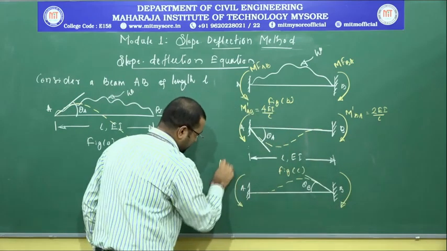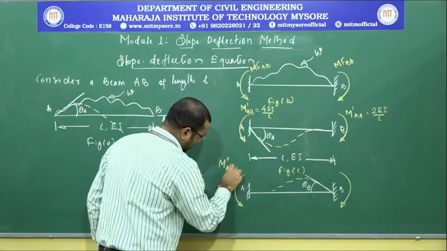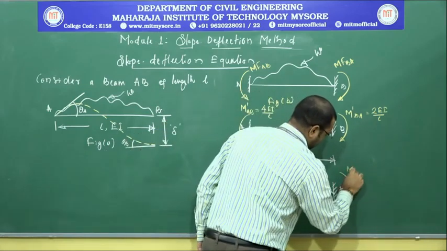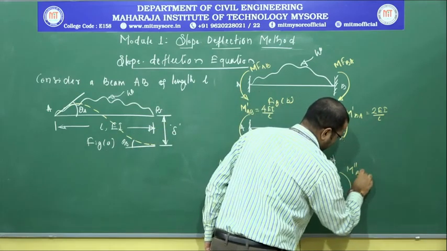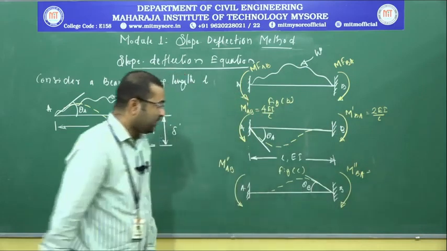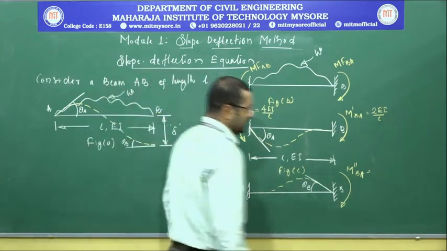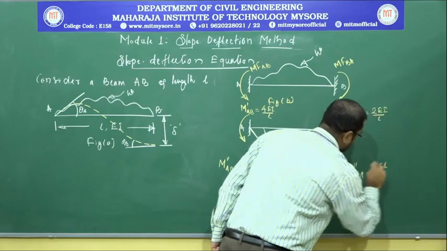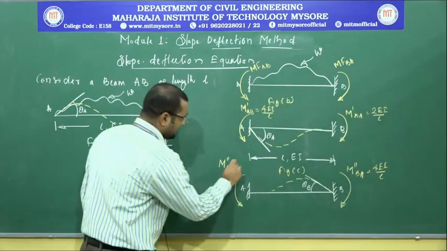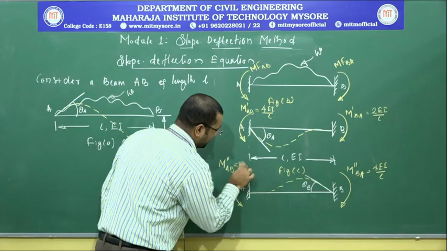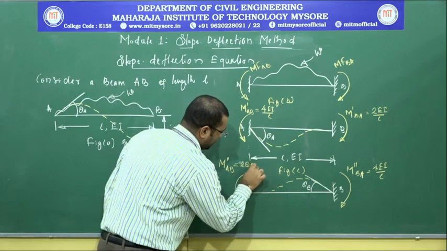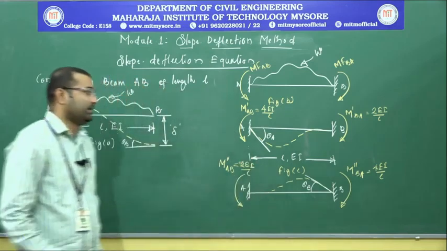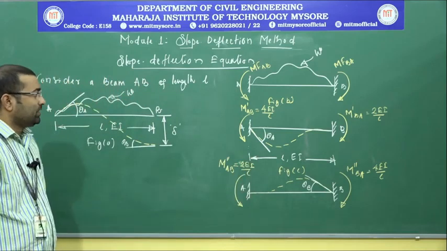Let me call this as M double dash AB and this as M double dash BA. And we know that the bending moment due to the rotation at the same end is 4 EI by L, and at this end it is 2 EI by L, right?